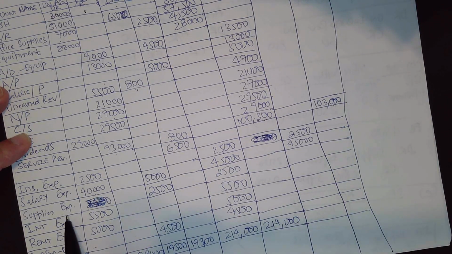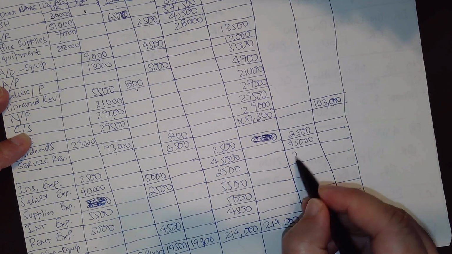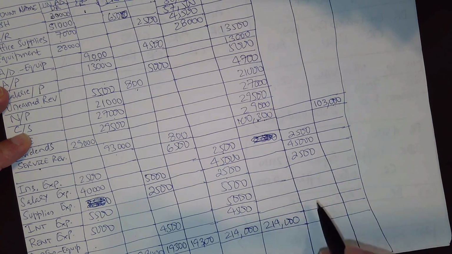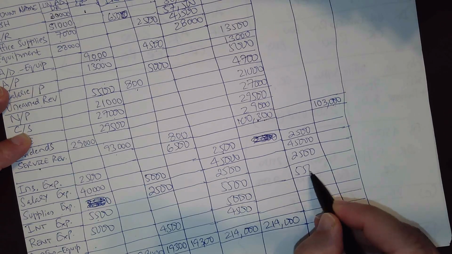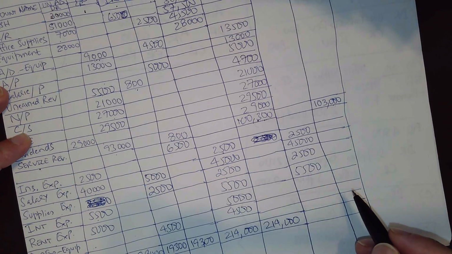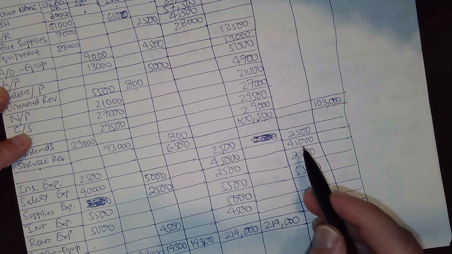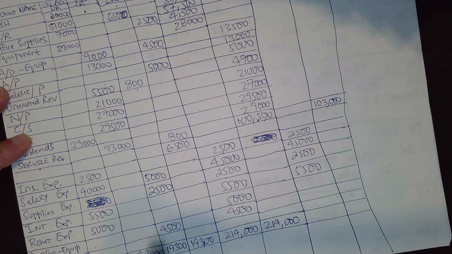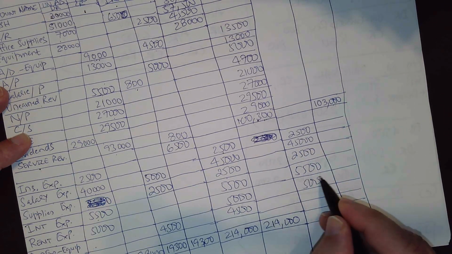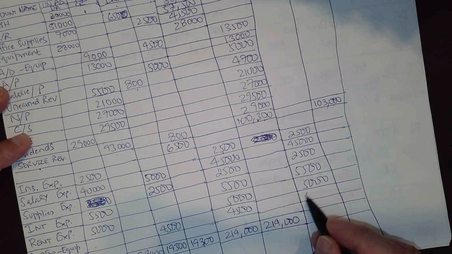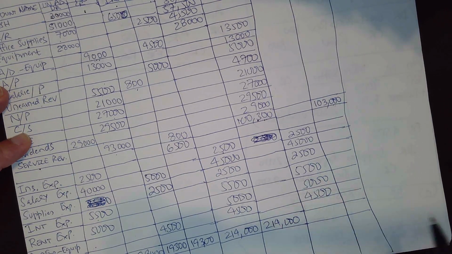And then we have supplies expense of 2,500, just copying over here. Then we have interest expense of 5,500, we copy this. Sorry, interest expense, not the insurance expense. Insurance expense was already $2,500, rent expense $5,000, and depreciation expense of $4,500.